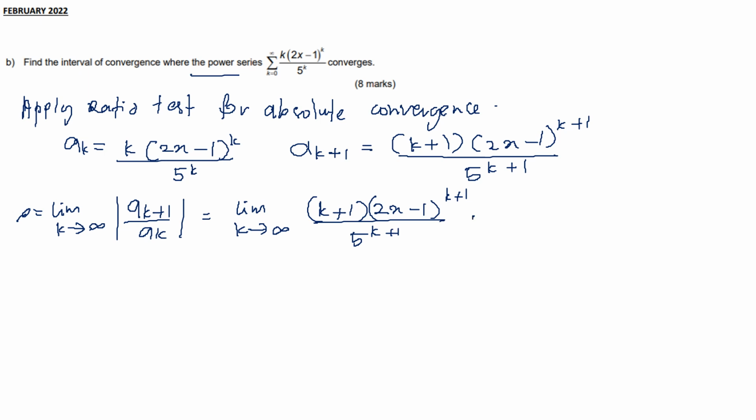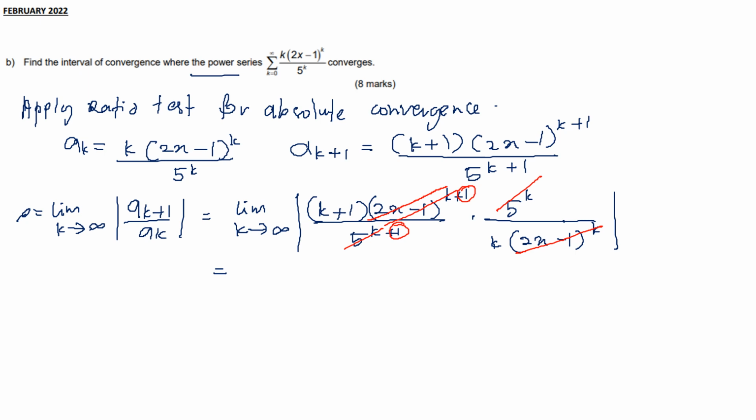Then you multiply by 5 to the power of k over k to (x minus 1) to the power of k. Don't forget to put the absolute value, and then you can simplify this. So k plus 1, and with the 5 to the power of k you still have 5 to the power of 1, and (x minus 1) to the power of k, you still have 1 here.